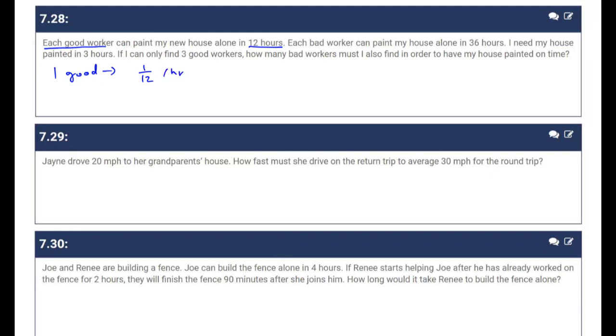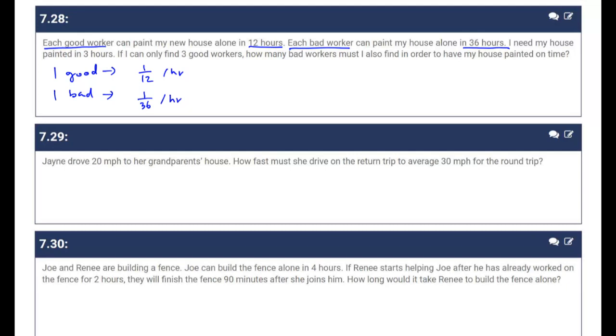And each bad worker, so one bad worker, can paint my house alone in 36 hours. It takes 3 times longer, right? So every hour, 1 out of 36 can be done by one bad worker, right?